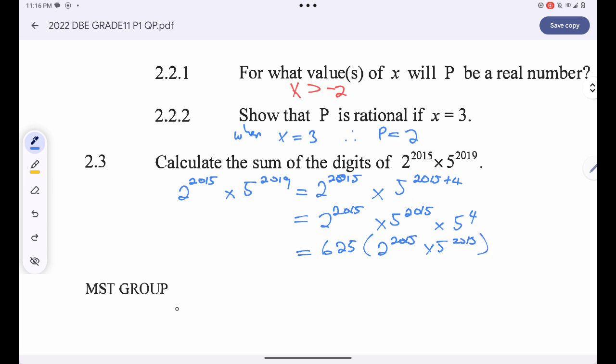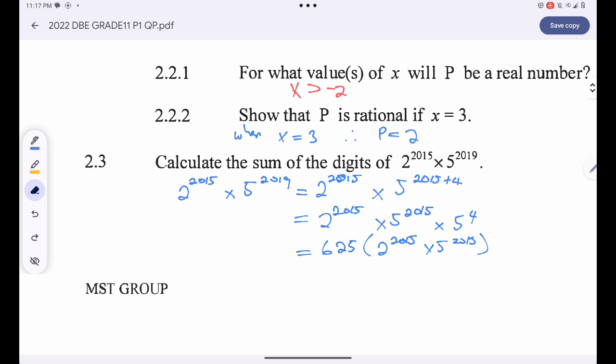There's a rule that simply says that if you have a to the x and b to the x, let me use unknowns, you can simply write this thing as a times b all raised to the power of x. All right, together. There's an exponential law which states that.